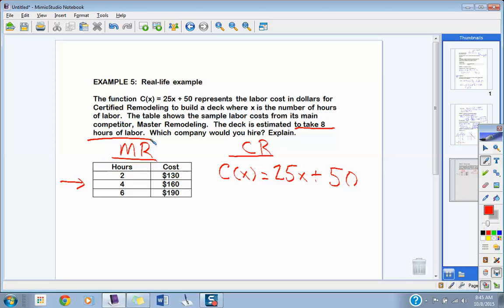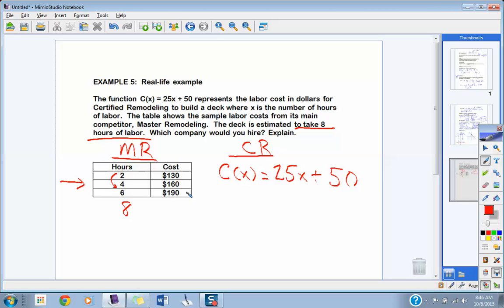We have to find it. Is there enough information in the table, or is there enough of a pattern, I should say, in the table to identify how much you would pay for 8 hours? Okay, I see a lot of people shaking their head yes. Jacob, you say yes here? Well, how are you going to find 8 hours worth of cost from Master Remodeling? So for every 2 hour increase, this increases by 30, is that right?